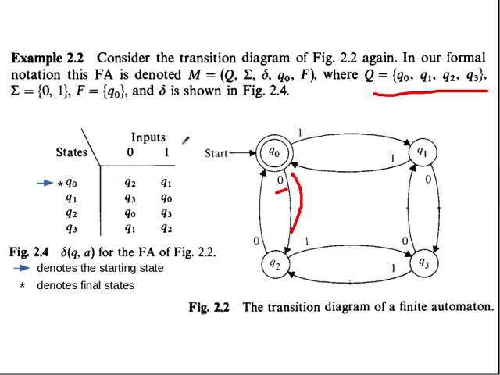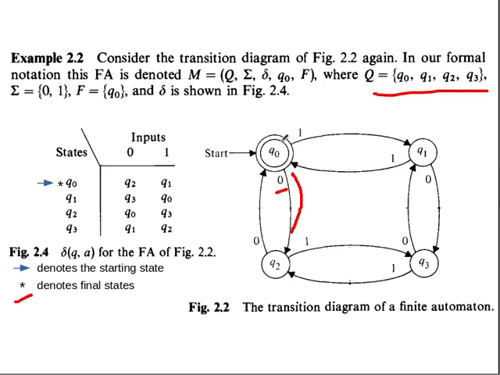Sometimes when we write down this function, we can write it as a table, in tabular form. This is known as the transition table. This is a transition diagram, and this is a transition table. Now in the transition table, though Hopcroft-Ullman doesn't use that notation, Hopcroft-Motwani-Ullman uses this notation: you can have this arrow to denote that this state is a starting state, and for each final state you can put a star.